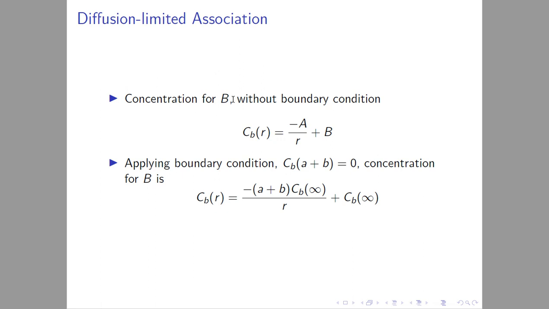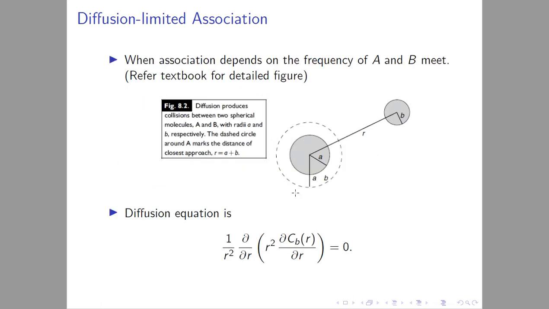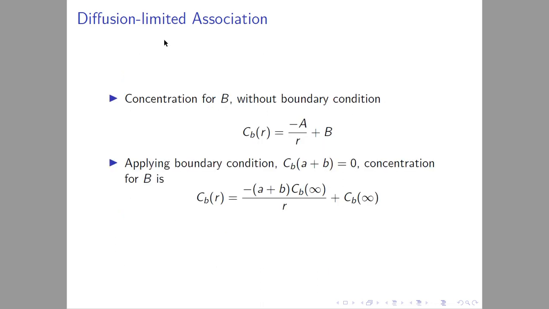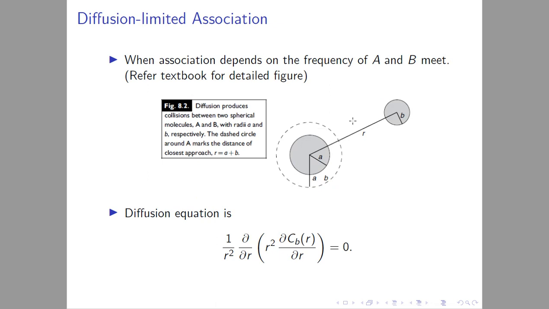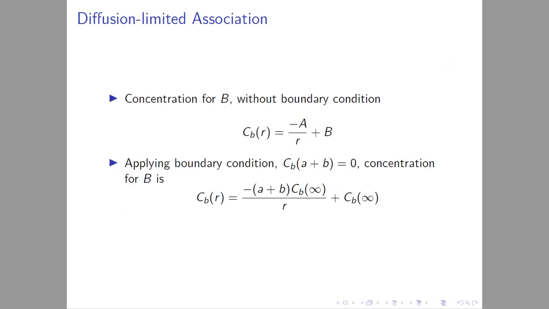Without a boundary condition, we just integrate twice, or once, and we get CB equal to minus A over r plus B. But if we apply the boundary condition where CB at A plus B equals 0, meaning that in this region there is no concentration of B, then CB of r equals minus (A plus B) CB of infinity over r, plus CB infinity.